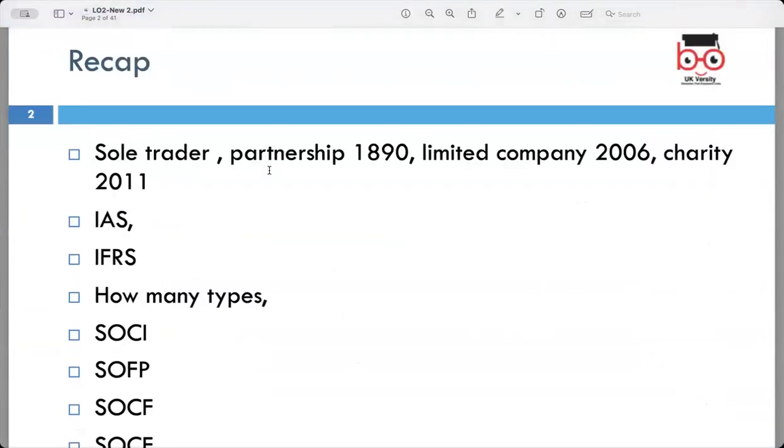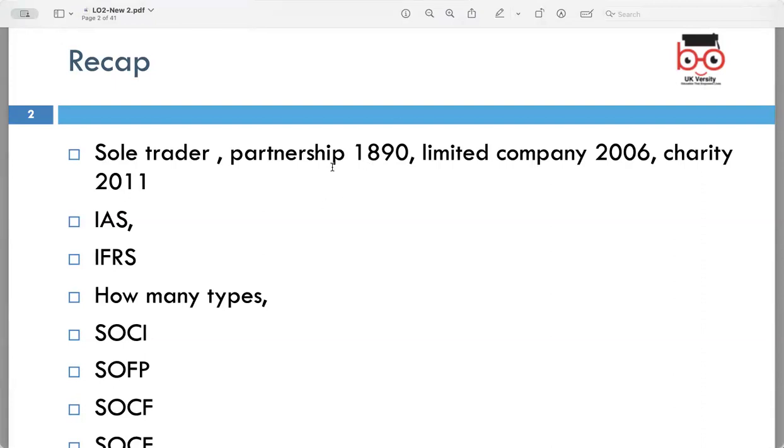Recap. Before we discuss the detail of preparing company financial statements, I will revisit some foundational concepts and historical development that underpin our understanding of financial reporting.